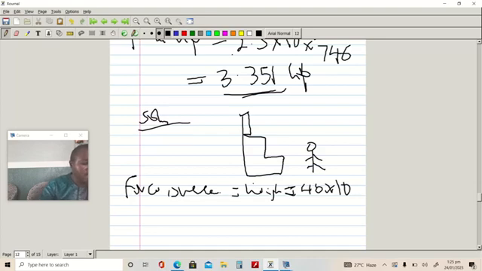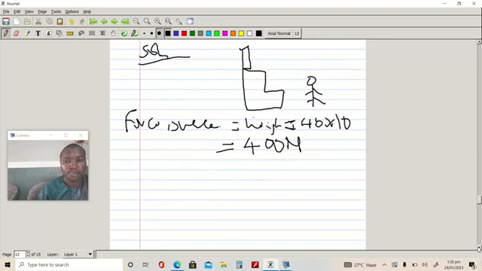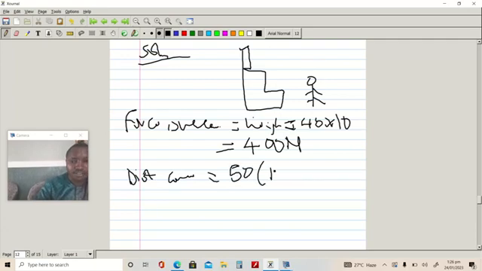If 10 is acceleration due to gravity, the boy has a force of 400 newtons, because he is working against gravity. Now, distance covered is equal to 50 steps multiplied by 15 centimeters. So we take centimeters to meters, and that gives 7.5 meters.